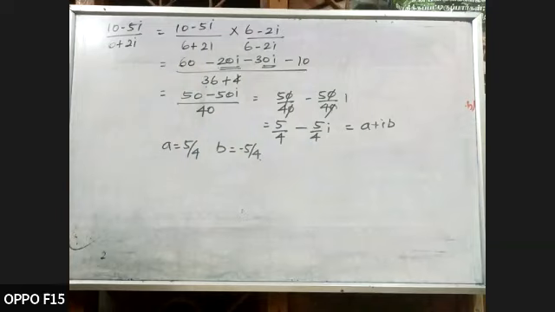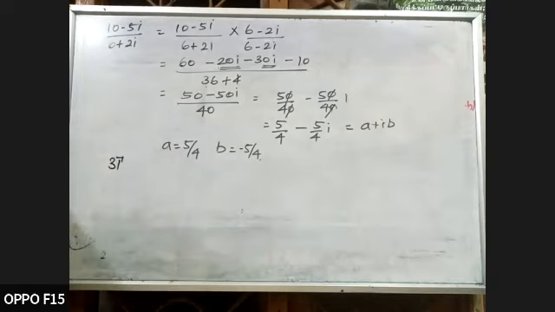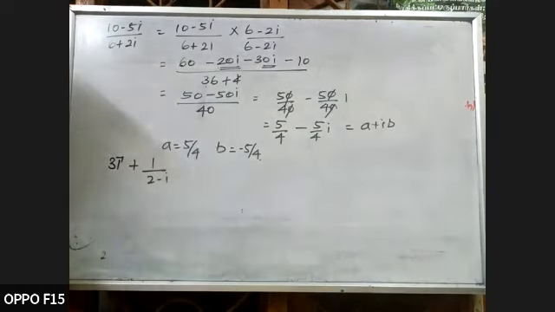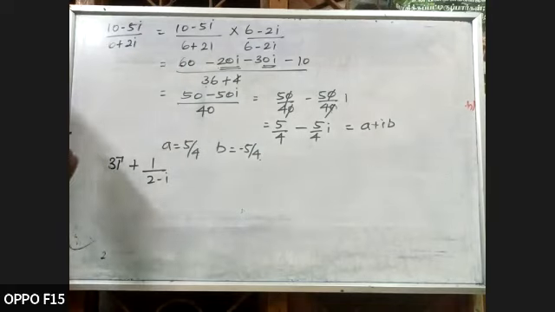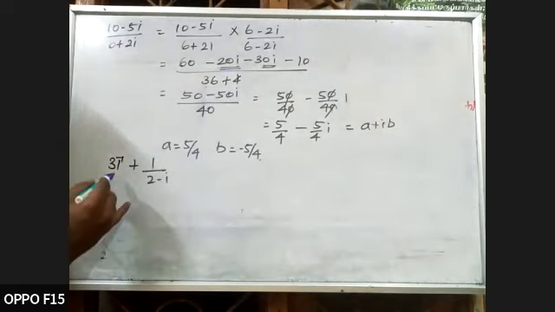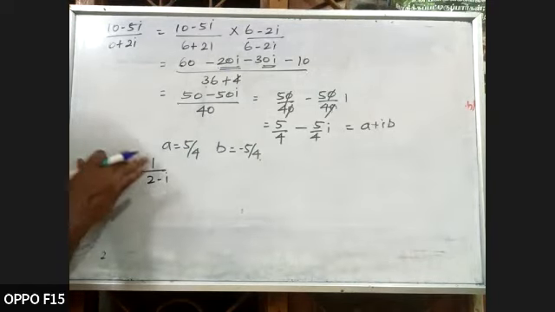Next, the next problem: 3i conjugate plus 1 divided by 2 minus i. We have to write this in rectangular form or Cartesian form, or a plus ib form. That should be in a plus ib, real and imaginary. So we can write this as 3i conjugate.